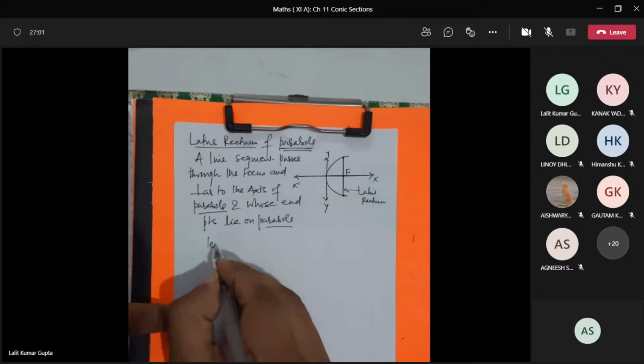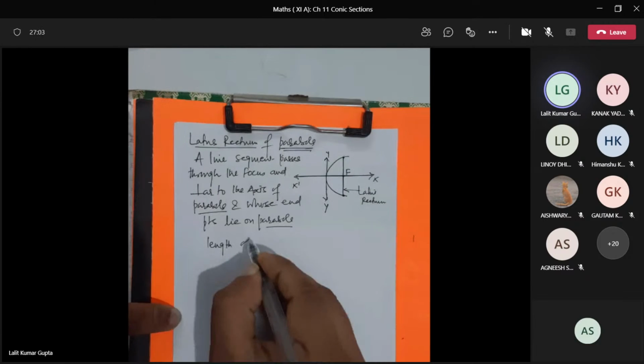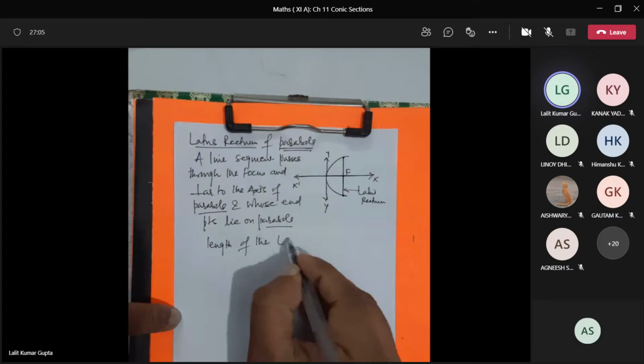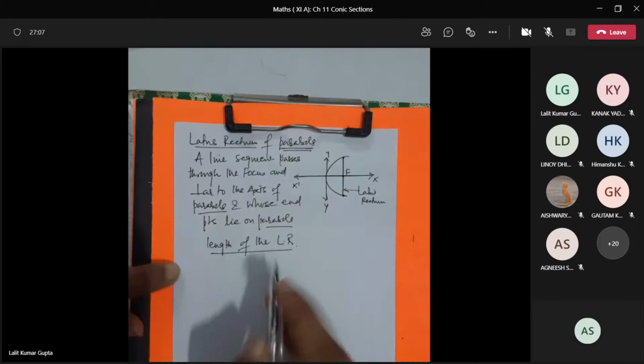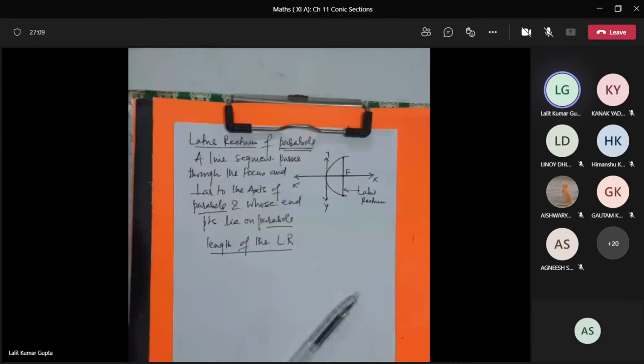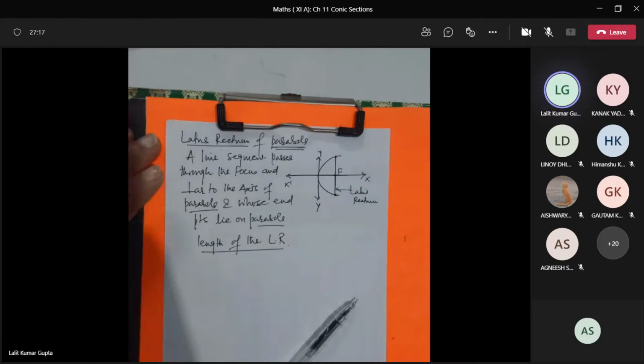See, the next concept is the length of the latus rectum. For understanding this better, please see page number 245. Please see this explanation of how to get the length of the latus rectum.